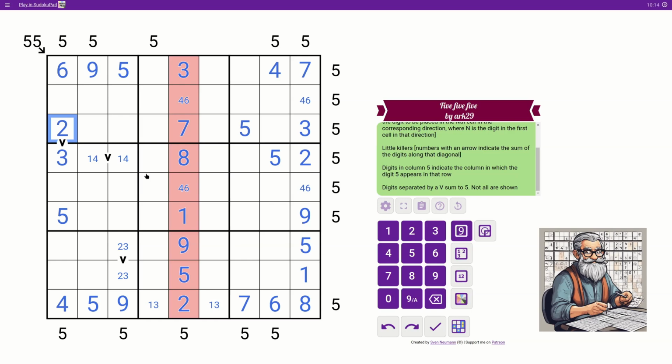Right. And then, which ones I didn't solve yet? Oh, well, this one couldn't be 4. Okay. Right, so that gives us 5 here and 5 there. 5.